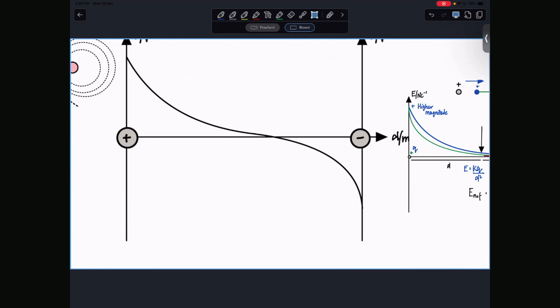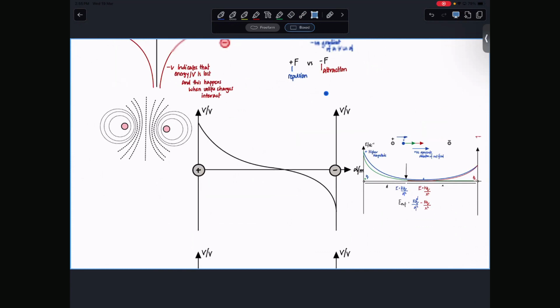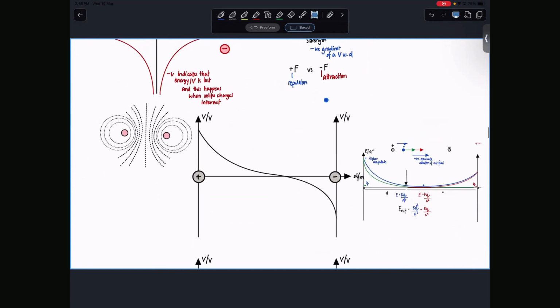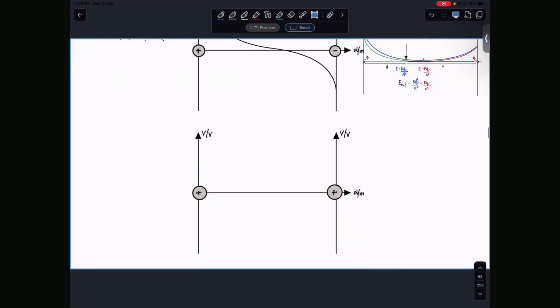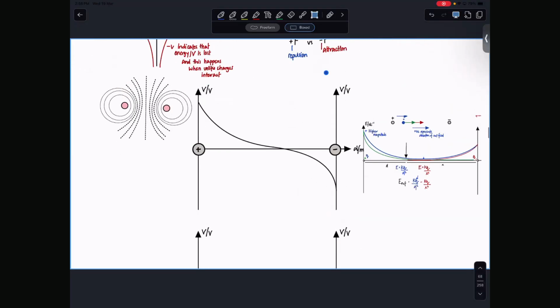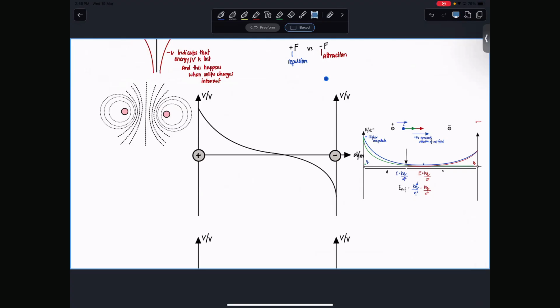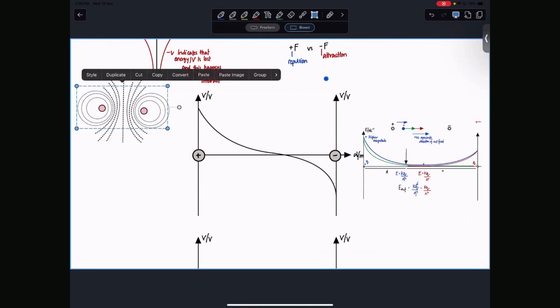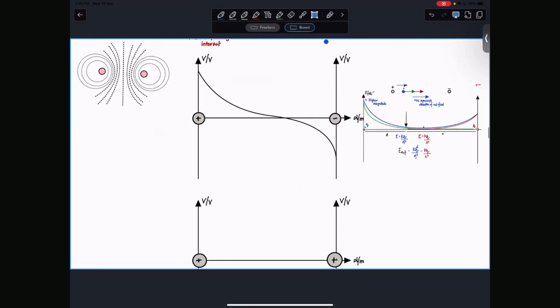Positive test charge, right? Because you're going away from the charge, so you're naturally moving away, so you're losing energy. Which one? This one is not needed.